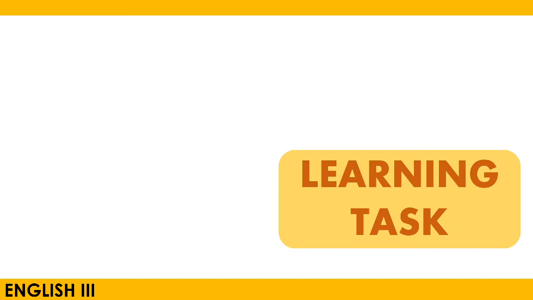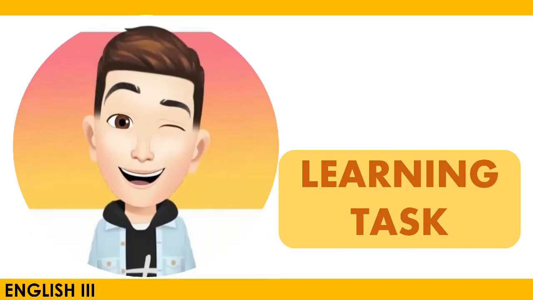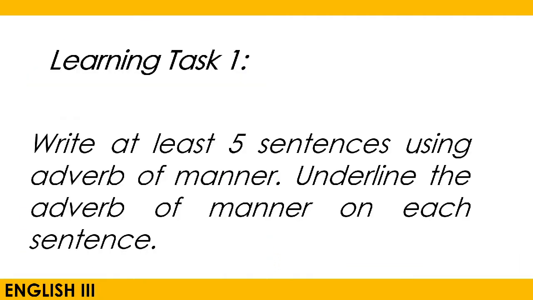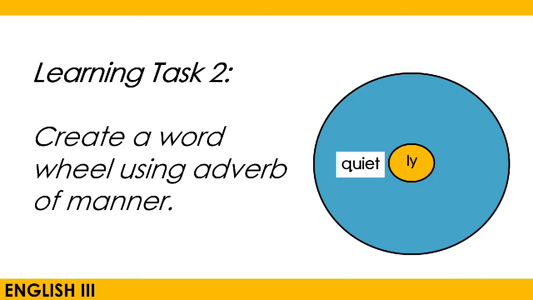For your learning task, you have three options. The first learning task is write at least 5 sentences using adverb of time. Underline the adverb of time on each sentence. Learning task number 2.